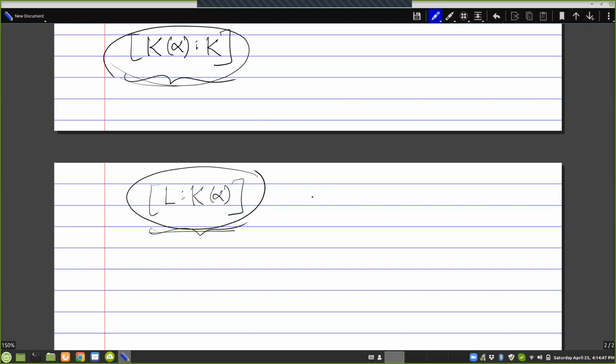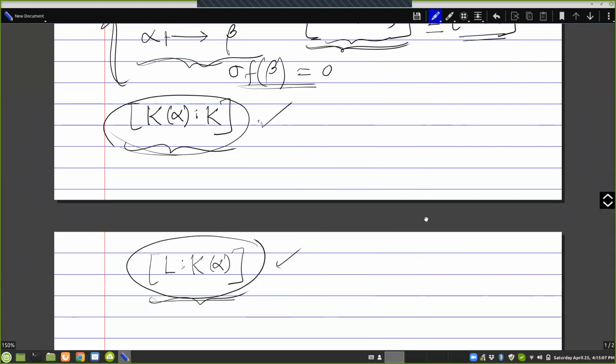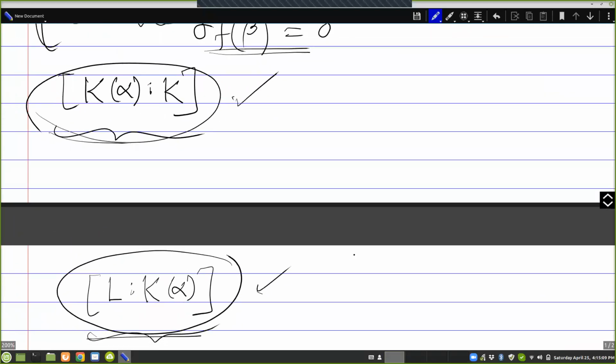Therefore the sigma can be extended to L in exactly the product of these two, which is the degree of the extension. So starting with sigma, I can extend that to an embedding of L in this many number of ways.